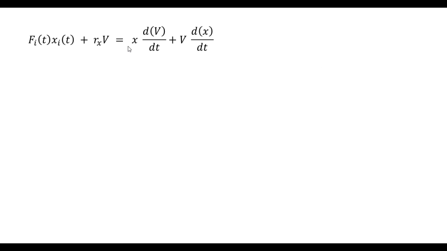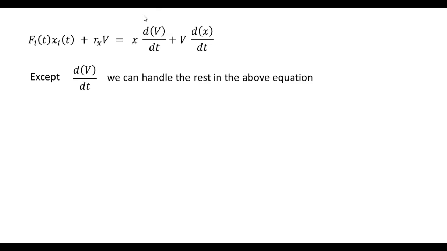Now we no longer have that niceness of something being constant. All the terms are there. So Fi(t) Xi(t), first term, plus Rx times V. Here V is not a constant, right? So x dV/dt plus V dx/dt is the expansion of d(xV)/dt. All these terms are still there.